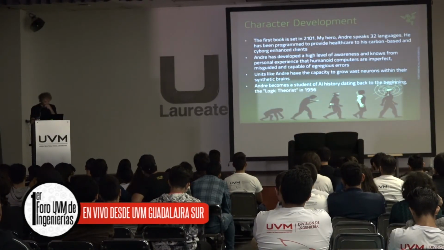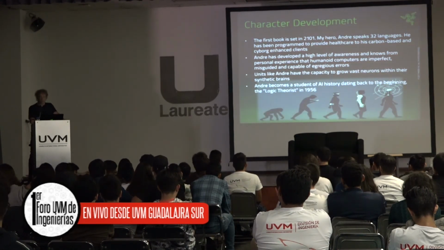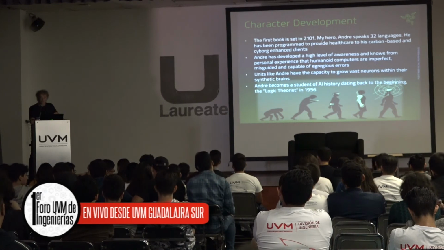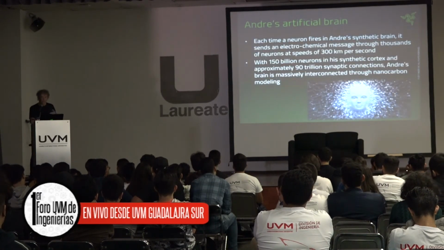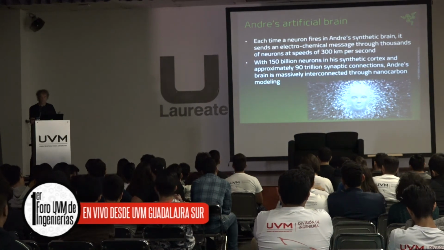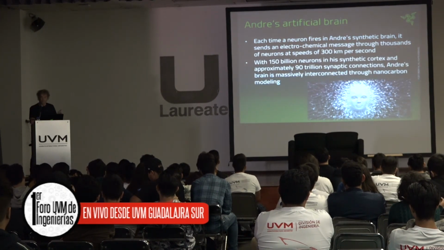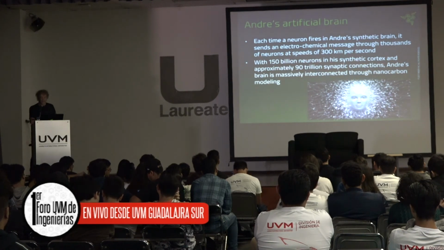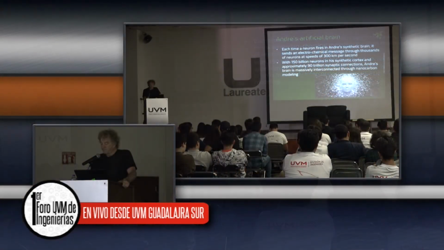So anyway, every time a neuron fires in Andre's synthetic brain, it sends an electrochemical message through thousands of neurons at speeds of 300 kilometers per second. He's got 150 billion neurons in his synthetic cortex and approximately 90 trillion synthetic synapses.